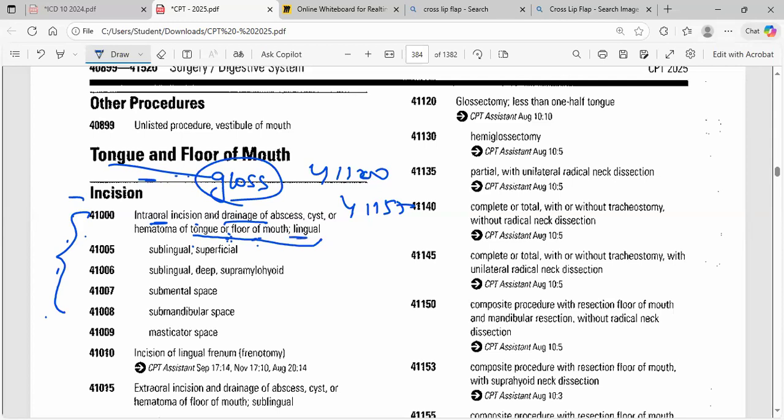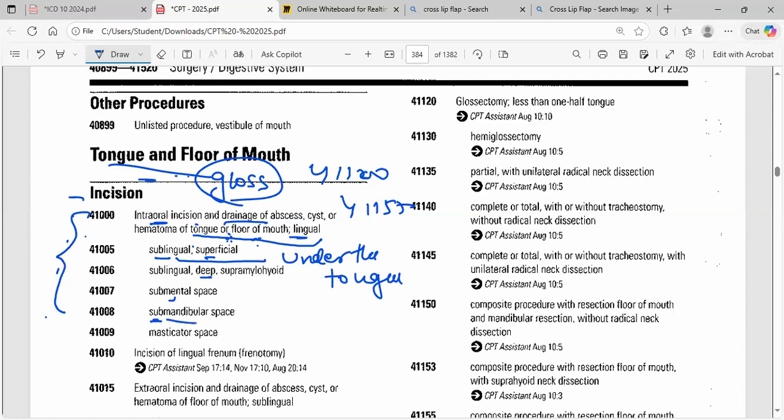This one is the lingual space. This one is sublingual, superficial, deep, submental space. Basically sublingual space is under the tongue. Sublingual means under the tongue. Submandibular space is under the mandible.